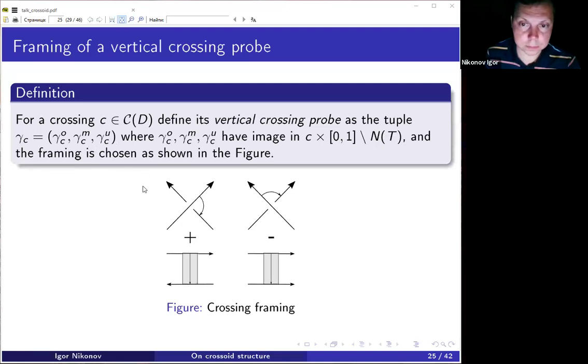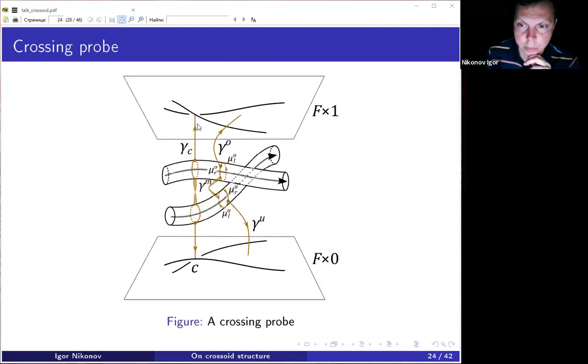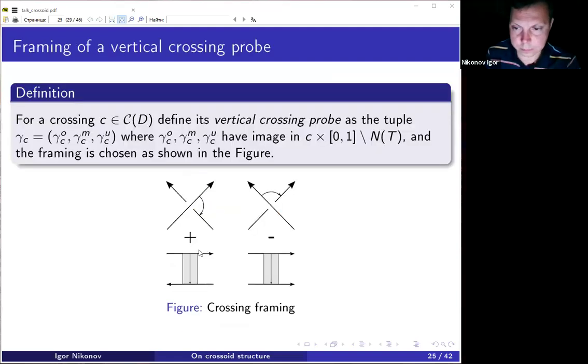If we have a crossing in a diagram which is a projection of some knot, we can assign a so-called vertical crossing probe. We call these paths crossing probes. And given a crossing, we have the following vertical path. If we look at the framing of the middle arc, then we use the following rule to define the framing. If we have a positive crossing or negative crossing, we connect these incident arcs by a band, and then say that this band defines the framing of the middle path.